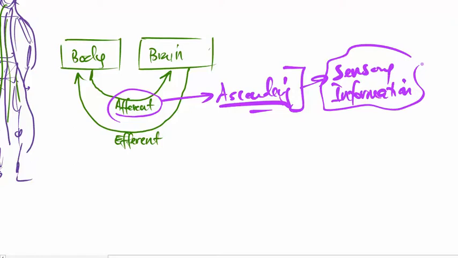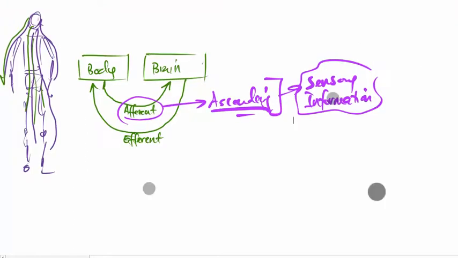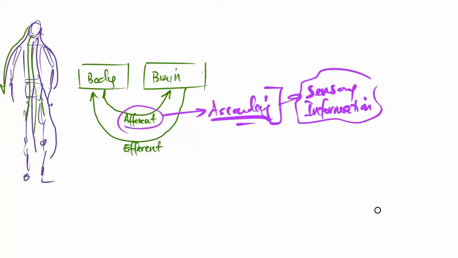So it turns out that when this sensory information moves back up to the brain, some of it you can perceive and some of it you can't perceive.